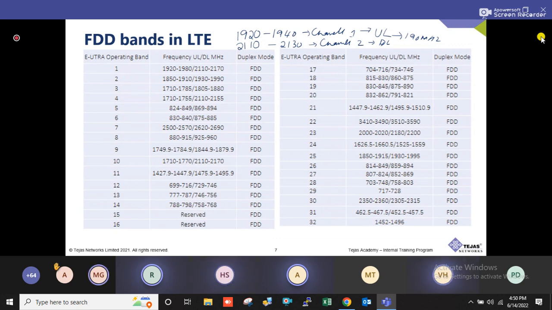So I'll move to the TDD band now. Yes, if FDD is there, then why do we require TDD? I will come to that. Just hold on for a second, because I have just finished FDD, and then we'll look at some of the pros and cons of FDD and TDD. In 3G, nobody opted for TDD.